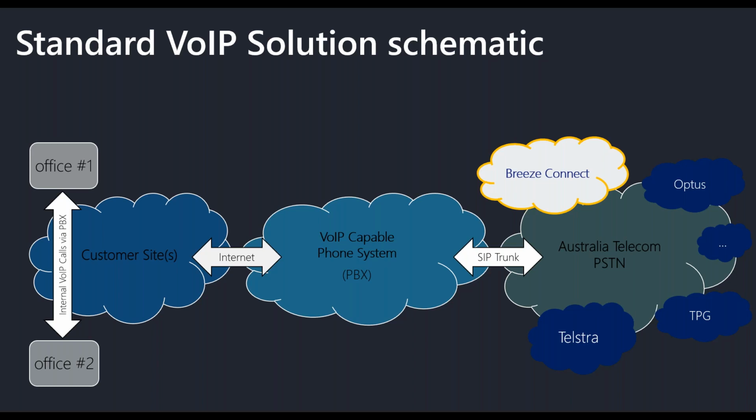These phone systems use SIP trunks to allow the customer to make or receive calls to and from PSTN, and Breeze Connect is one of the most preferred SIP trunk providers on 3CX that offers you connectivity for your phone calls between your phone system and PSTN. Now, if you don't know, a SIP trunk is a virtual version of an analog phone line.